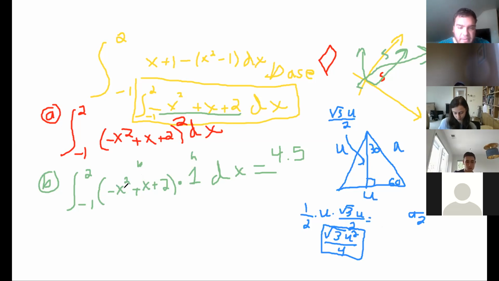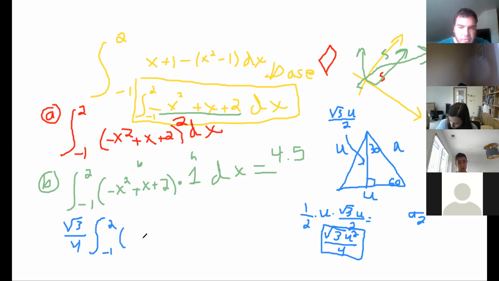So we're just going to apply this here, and instead of writing u, we're just going to write this equation. Now, root 3 over 4 is a constant. So because it's a constant, I could just put it in front of my integral. So I'm going to write that, root 3 over 4, from -1 to 2.